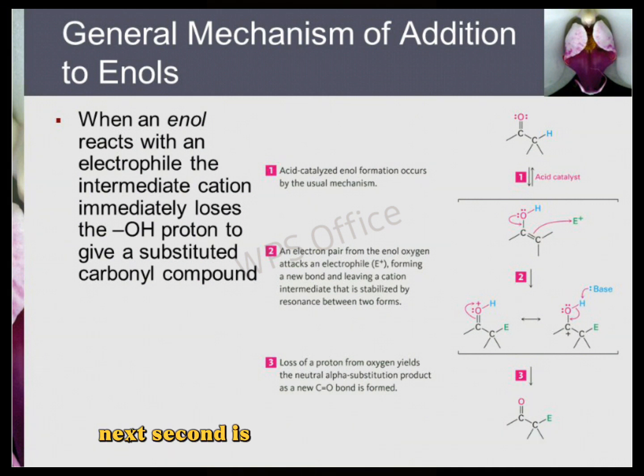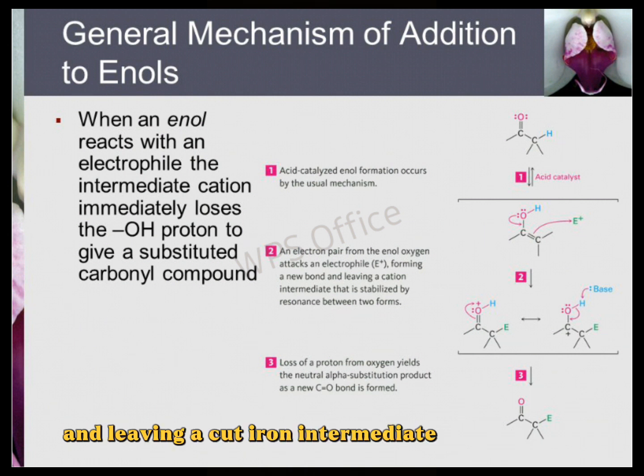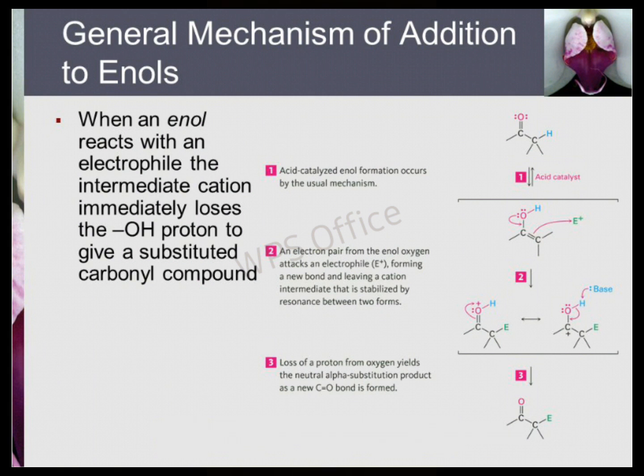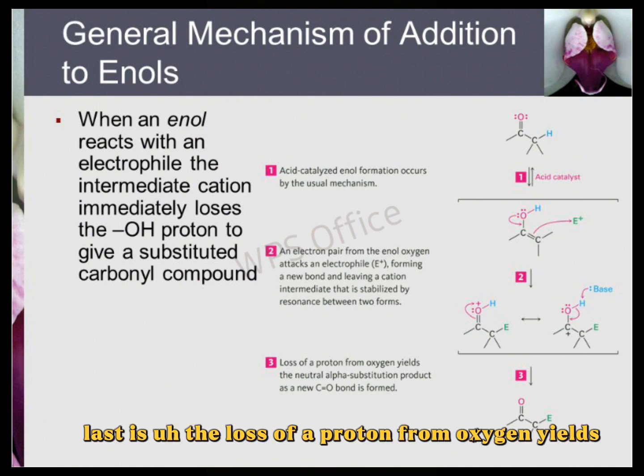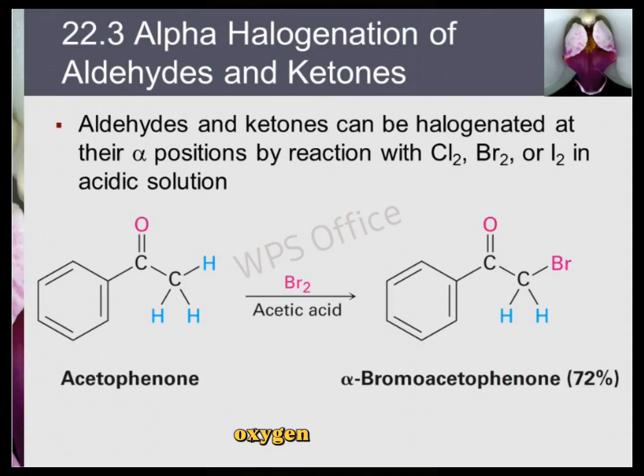Second, an electron pair from the enol oxygen attacks an electrophile, forming a new bond and leaving a cation intermediate that is stabilized by resonance between two forms. Last, the loss of a proton from oxygen yields the neutral alpha substitution product as the new carbon-oxygen bond is formed.